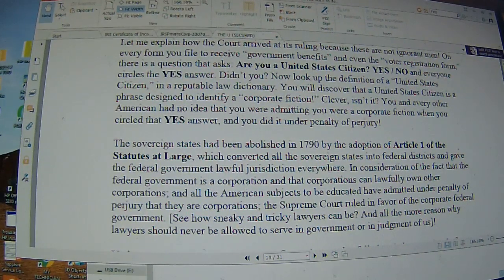And all the American subjects to be educated have admitted under penalty of perjury that they are corporations. The Supreme Court ruled in favor of the corporate federal government. See how sneaky and tricky lawyers can be? And all the more reason why lawyers should never be allowed to serve in government or in judgment of us.